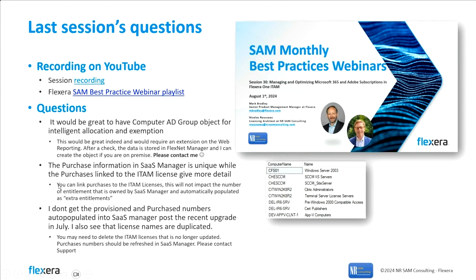There were a number of questions, not so many actually. One was about getting the AD groups for computers. I presented and promoted the fact that you can use user AD groups to create licenses, named user licenses, and use the intelligent allocation feature, which is actually reading the result of the report.